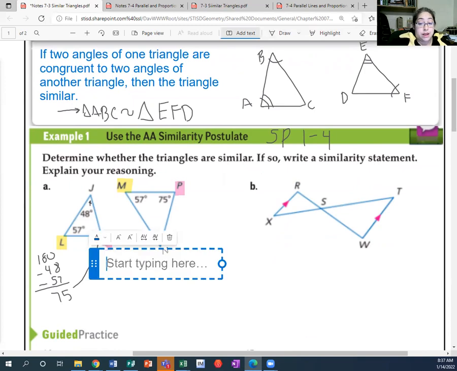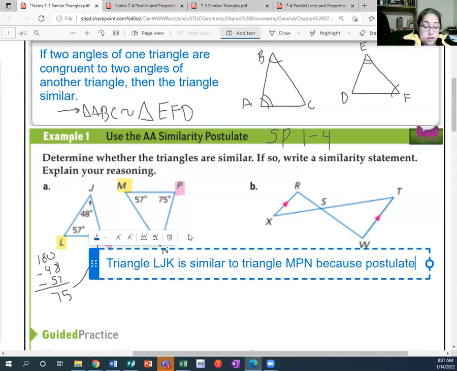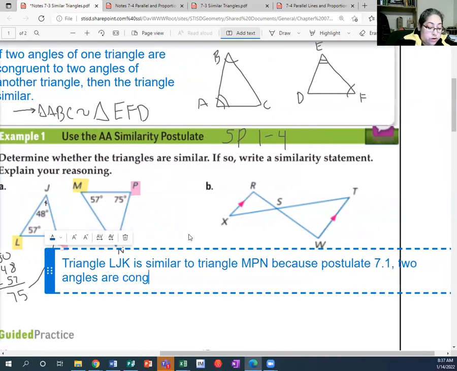So I'm going to go ahead and type my thing. Triangle LJK is similar to triangle, I have to put things in the right order, MPN, because postulate 7.1, two angles are congruent.